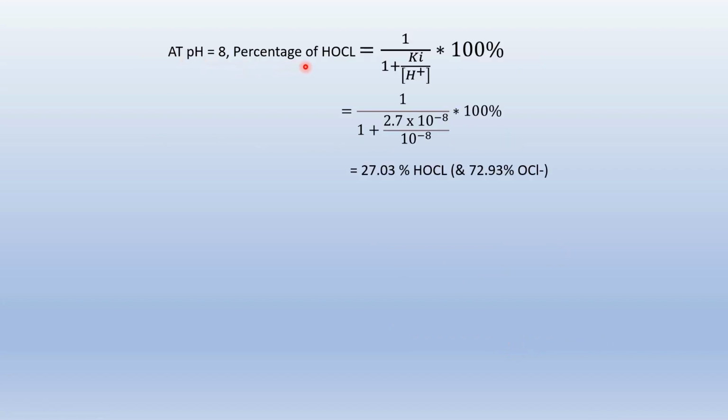At pH 8, the percentage of HOCl will be calculated per the previous formula, keeping Ki as 2.7 into 10 to the power minus 8 as the equilibrium constant, and at pH 8 the hydrogen ion concentration will be 10 to the power minus 8. It came out to be 27.03% HOCl, and 72.93% will be OCl-.